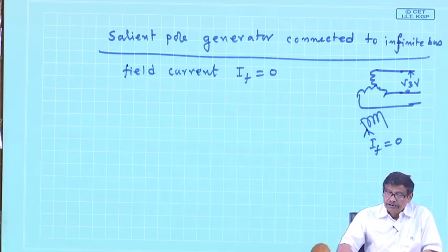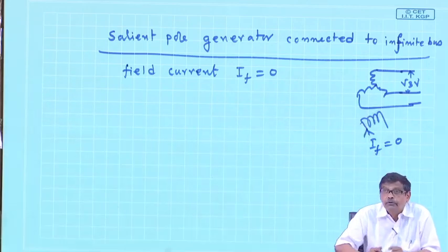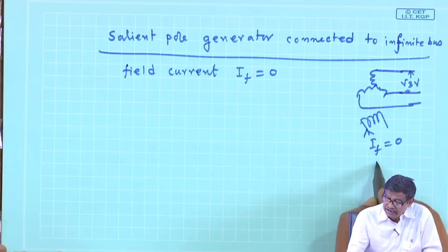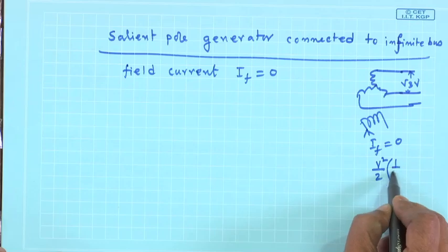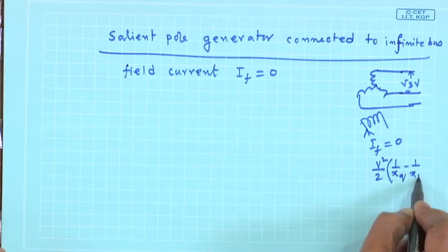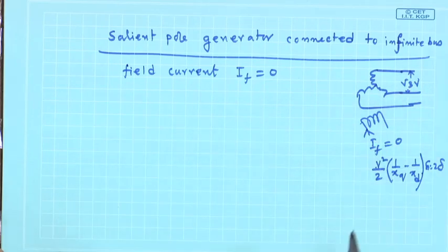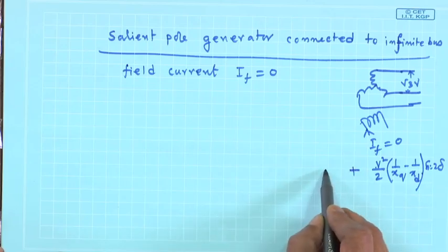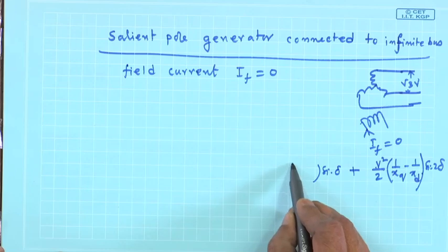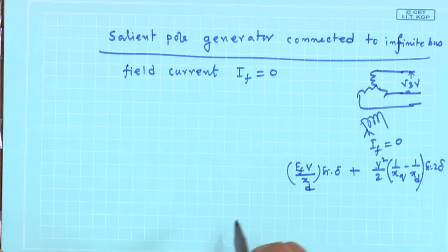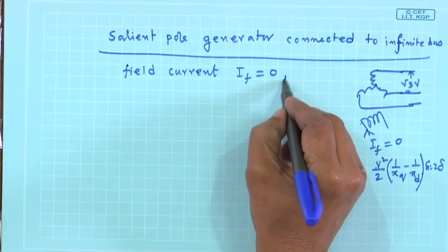First of all, will it still operate steadily? Yes, it can operate if it is a salient pole machine, because in a salient pole machine, you recall there is one term of power which was equal to this. What is V? V is the terminal voltage. There is no EF here. So the other term, the sin delta term, that coefficient EF V by x d, has become 0, since IF is 0, meaning EF is 0.